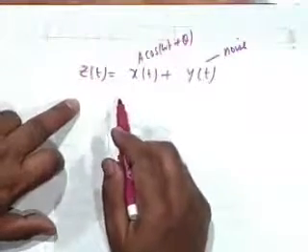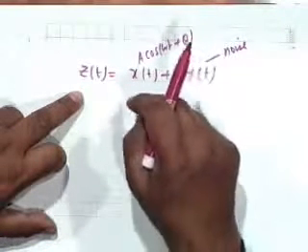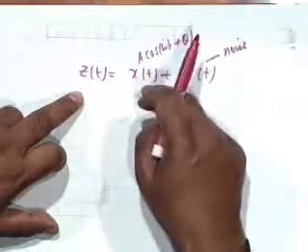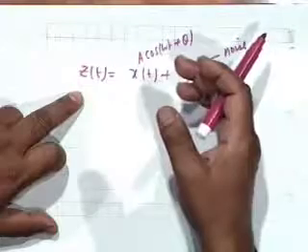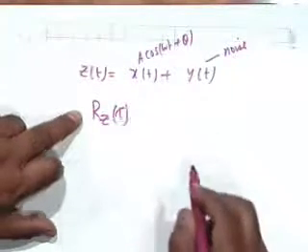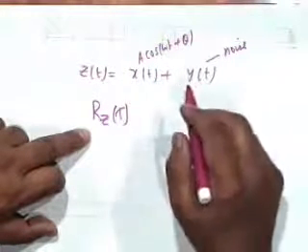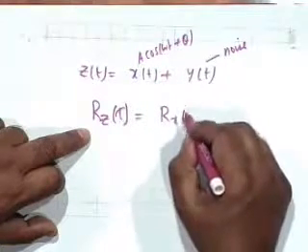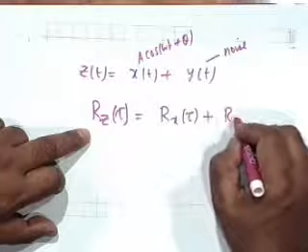Then the problem in communication is to recover the signal from the noise, and if the signal is immersed in noise, no amplification or filtering can recover the signal. But you see, taking autocorrelation will indeed recover it, because Rz tau, the autocorrelation of the third process, will now be simply equal to Rx tau plus Ry tau.